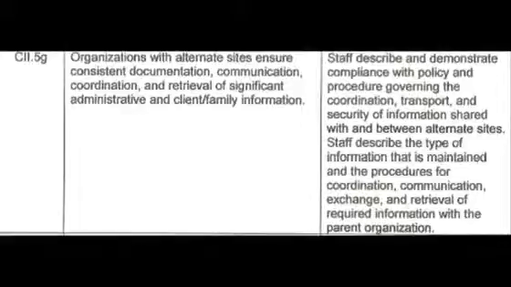Now we'll move to the next one, which is C2.5G, which says organizations with alternate sites ensure, and we're going to stop there. We don't need to go any further on that one because it's completely not applicable to us. Because why? We don't have an alternate site. This is our only office.